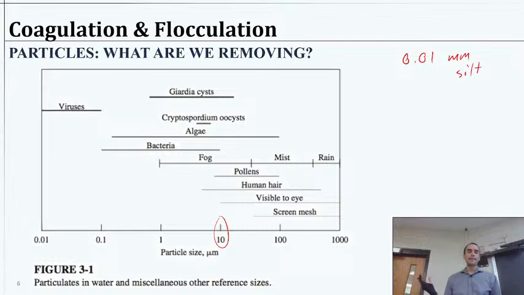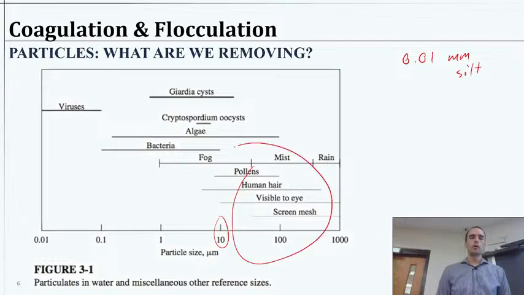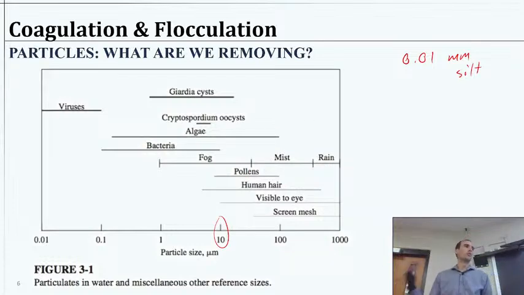So at least at Earth's gravity, most of these things are not going to settle very well. Based on our example before, maybe some of these larger particles would settle. We could have sand grains somewhere up here. Those should settle. Maybe larger soil particles than what we did last time would settle.